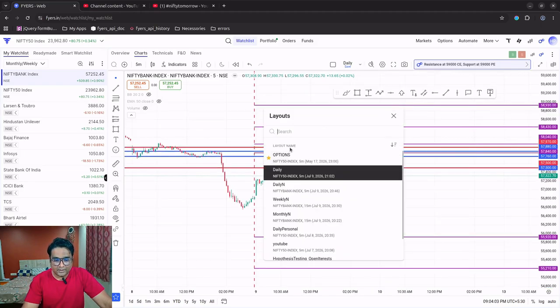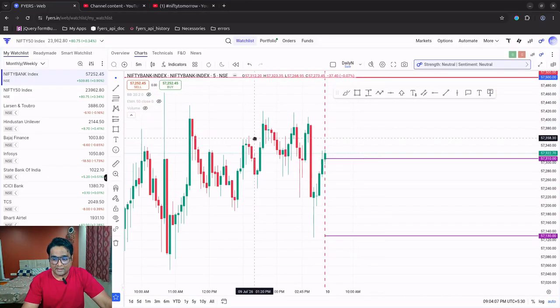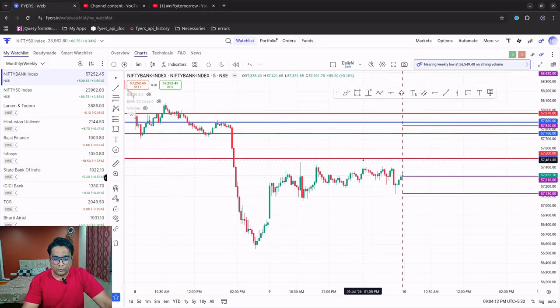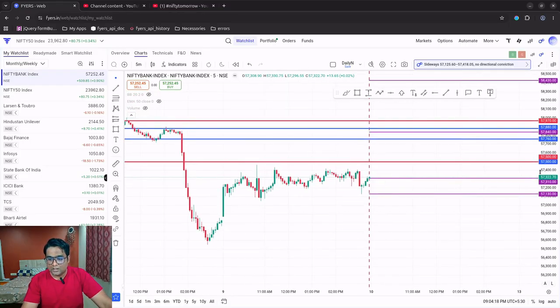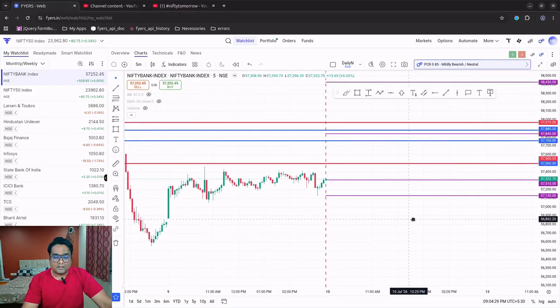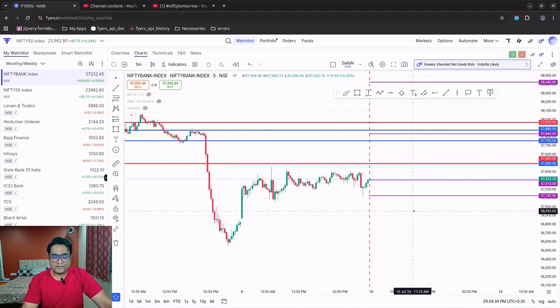Let me get you the key levels for tomorrow. So this is for Bank Nifty. You can see Bank Nifty is below the weekly key level, 57,500, along with these daily key levels 57,310, 57,130. You can refer to these key levels for intraday, and for closing you can use 57,500.